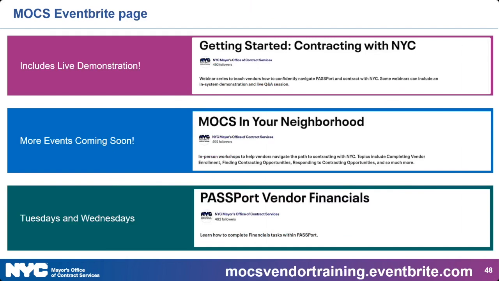Getting Started is our series of monthly webinars designed for new vendors who want to learn how to confidently navigate Passport and contract with New York City. MOCS in Your Neighborhood is our series of in-person trainings and networking opportunities for vendors across New York City. And finally, Passport Vendor Financials is our series of webinars that show vendors that are currently contracting with the city how to use Passport to get paid.